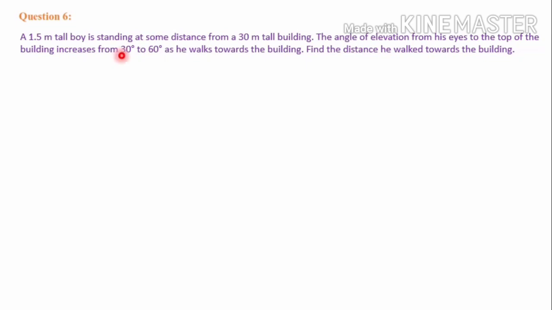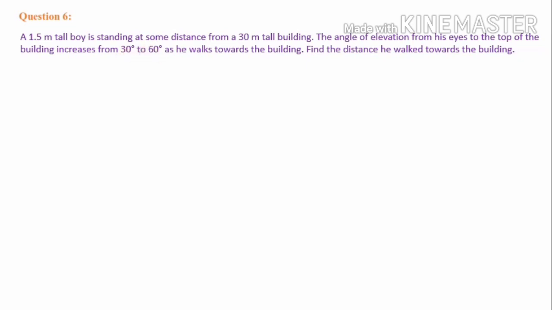When he was away from the building, he has to raise his head to see the top of the building, and when he is walking towards the building, he needs to raise his head more in order to see the top, because he is very close to the building. That's why he needs to raise his head more. So the angle changes from 30 to 60.